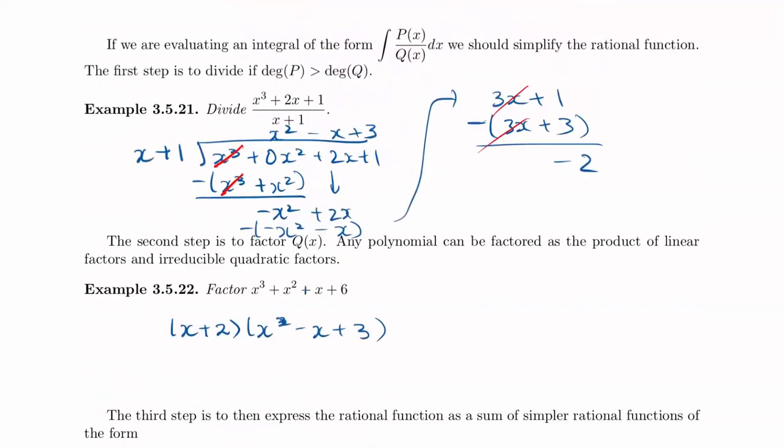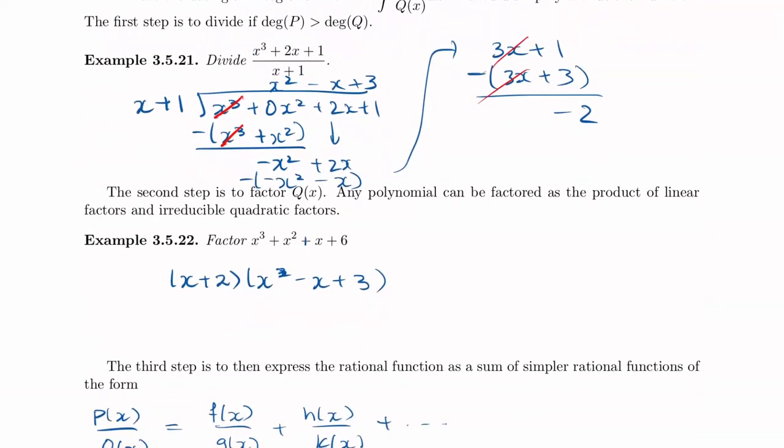So that's the process that we would need to do to apply partial fractions here. So there are 4 examples that we will have a look at for evaluating integrals of rational functions.